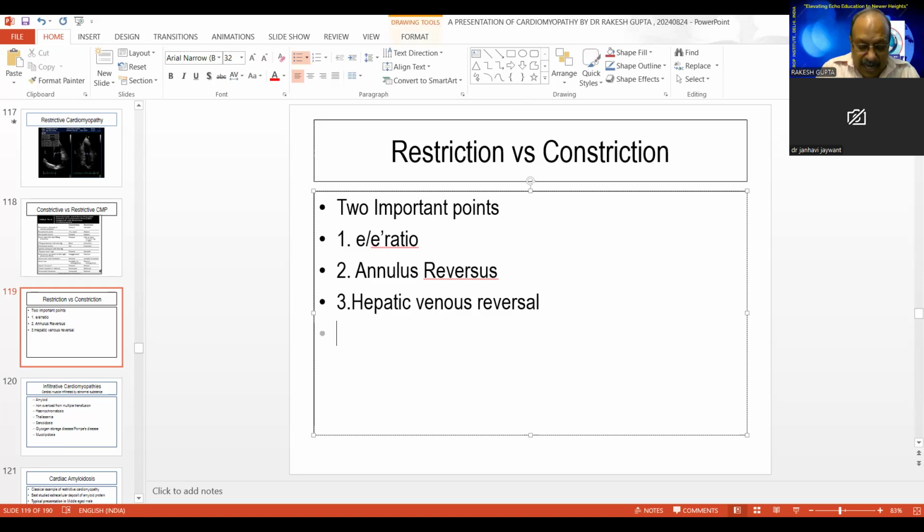Fourth, you can have a calcium shell around the heart. So what do we need? We need a CT scan, cardiac CT scan, not coronary, cardiac CT scan.